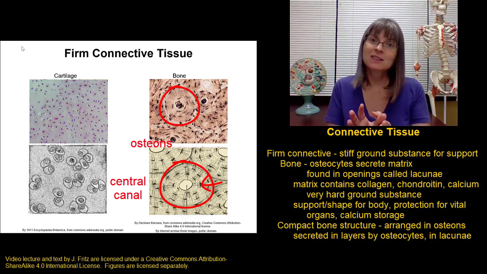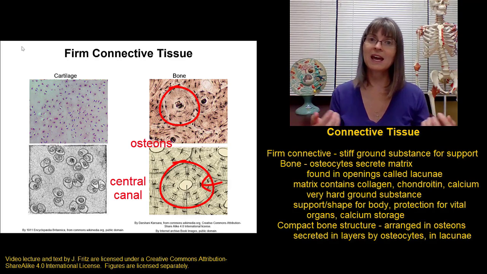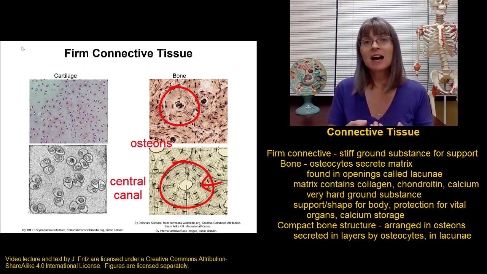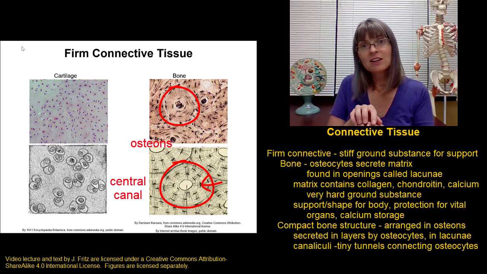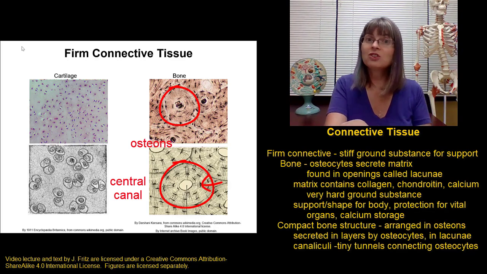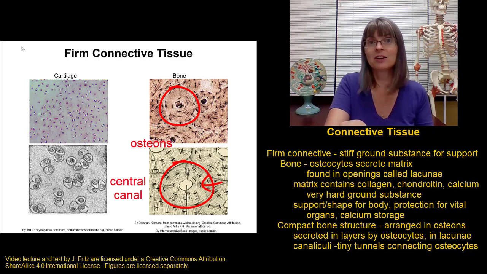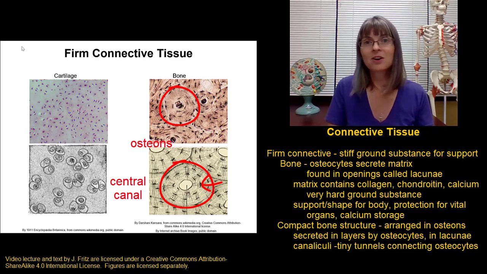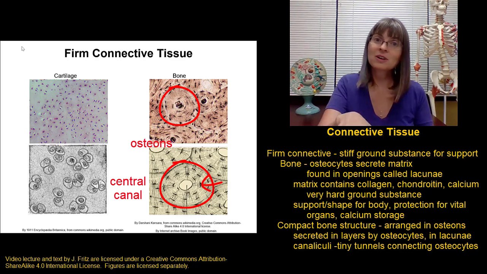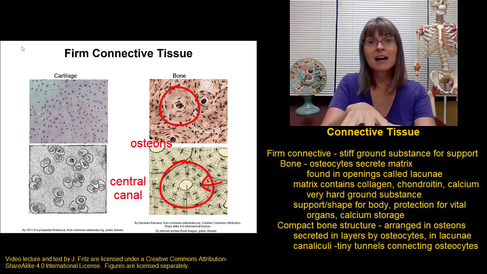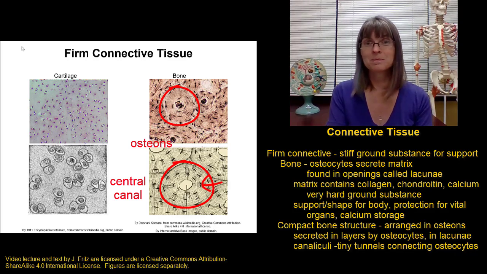And because the bone matrix is so hard, we can't have diffusion of material through it very easily at all. These osteocytes have to extend little legs or little feet that reach out to contact areas where there's circulation. These little extensions go through tiny canals called canaliculi, and that's what allows each osteon to be able to contact other cells and to reach the blood supply.